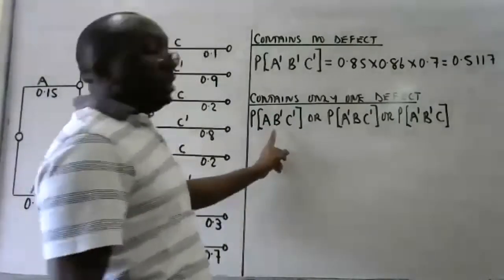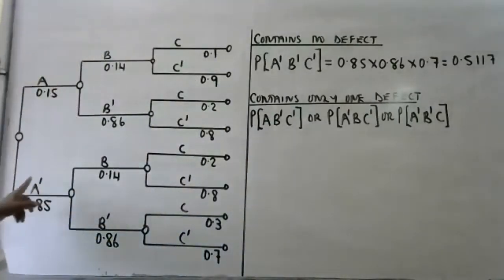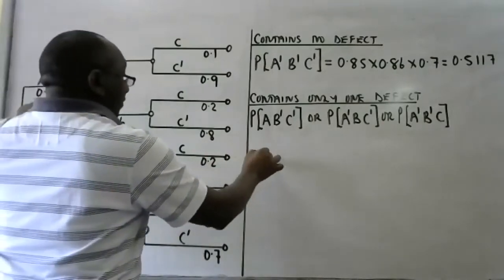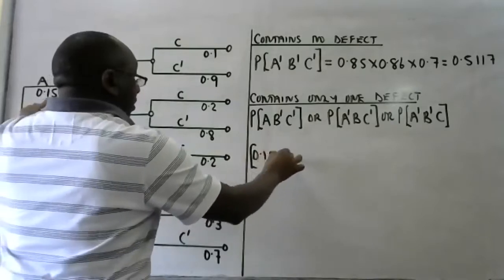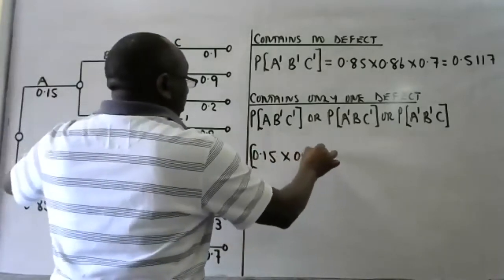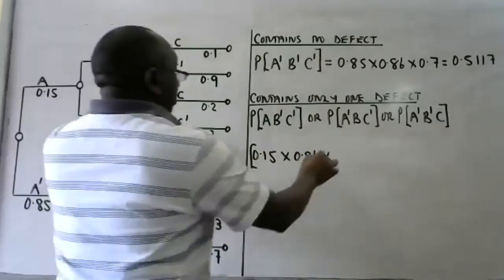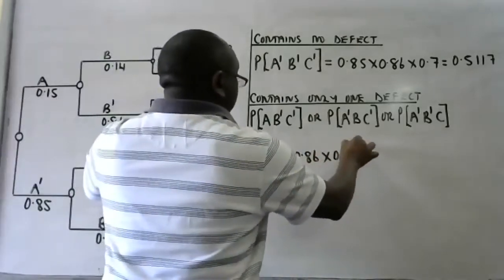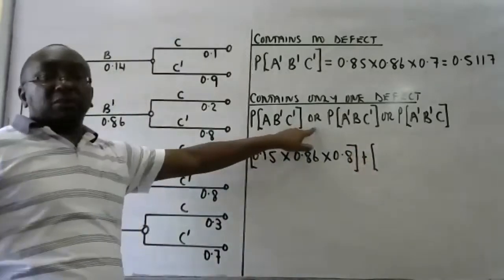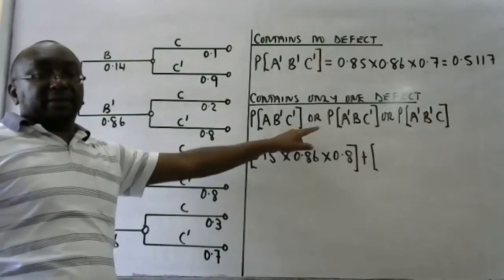So we start following these ones in the tree here. So A is 0.15 times not B 0.86 times not C 0.8. When you have the word or, it becomes plus.